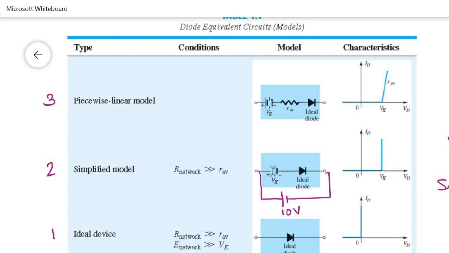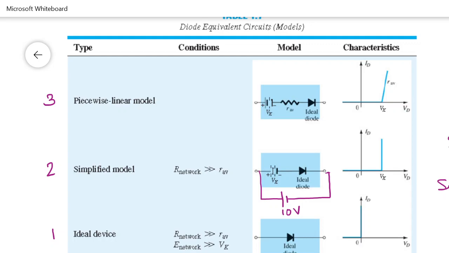Let me add one thing I have not done. When we are using the simplified model, the part which was just like this in the ideal characteristics would now become like this in the simplified model.